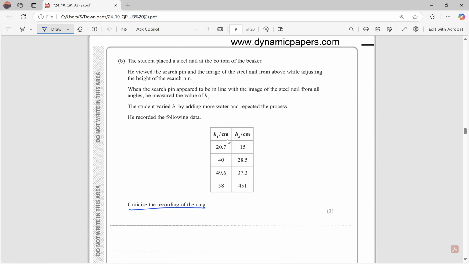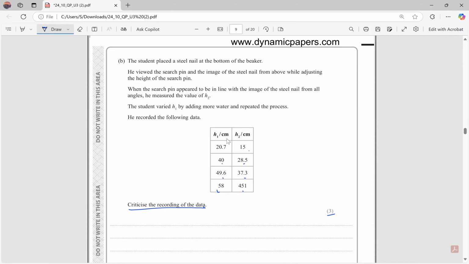So there are certain values given for H1 and H2, and we have to criticize the recording. Like we have to say what's the fault with these readings. It's 3 marks, so we have to point out 3 faults in this. So let's look at the data. 20.7, 40, 49.6, 58.15, 28.5, 37.3, 451, 451.